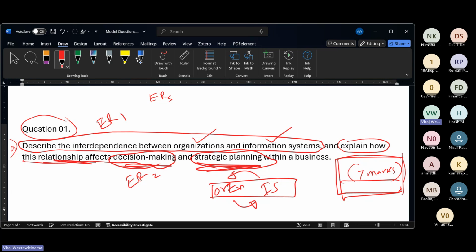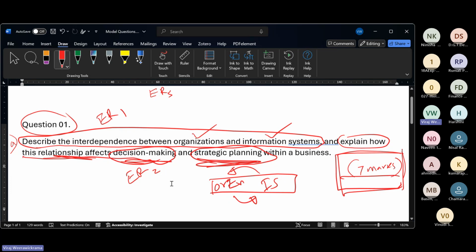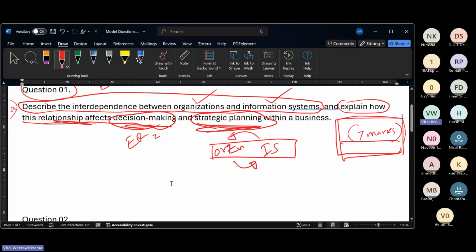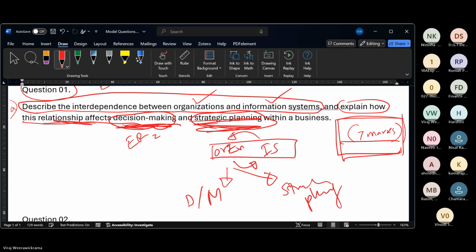After that, you have to explain how this impacts the decision making part and the strategic plan. Clear? Now there are 2 aspects, 2 ERs, which we call exam requirements.